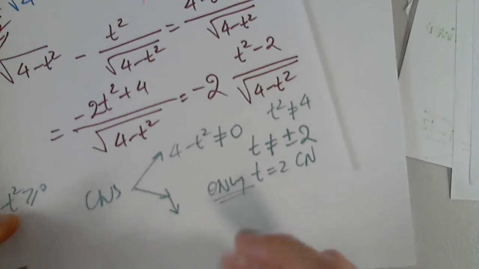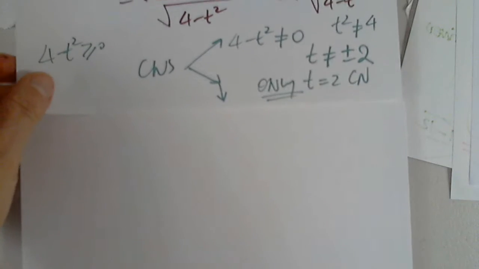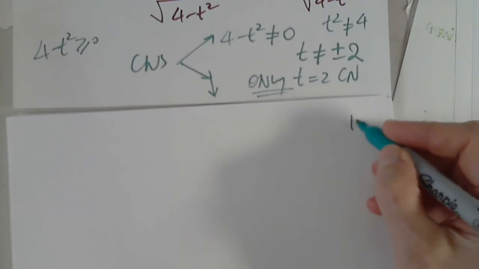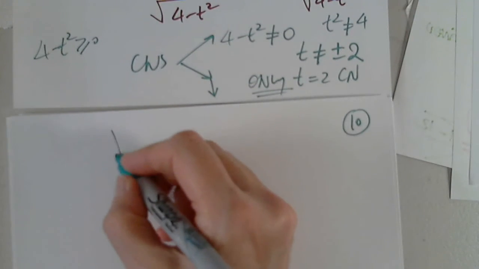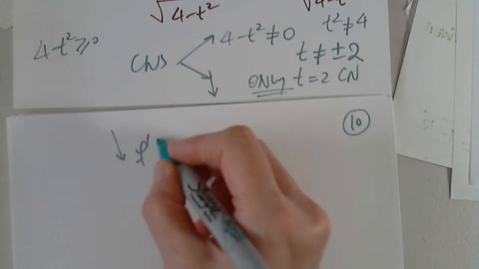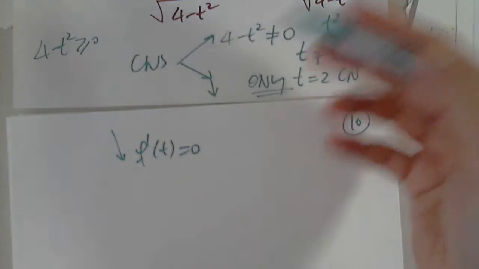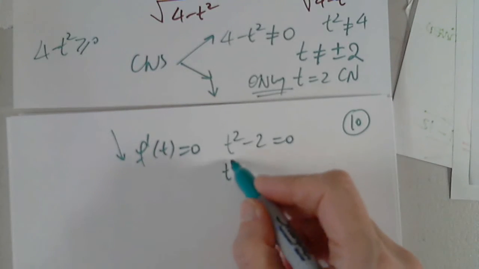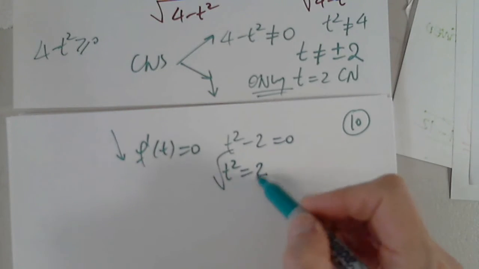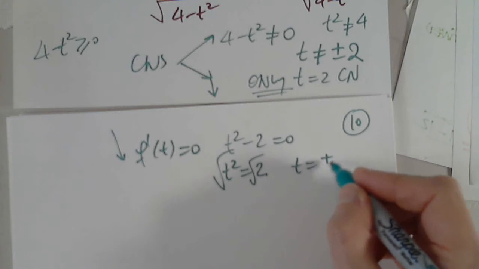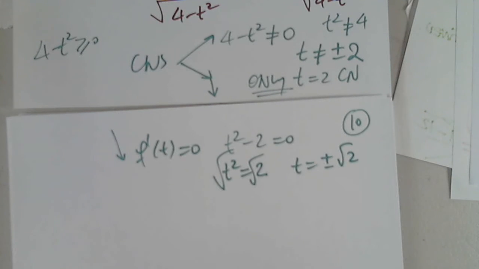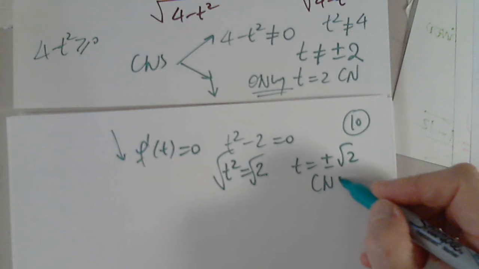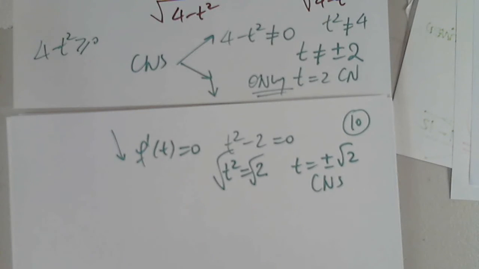But I also have another possibility. When the derivative is 0, so the second source is when f prime of t is 0. A fraction is 0 when the numerator is 0. Or t squared equals 2, and of course I will take the square root, plus or minus the square root of 2. These are critical numbers, if they both fit in our interval.